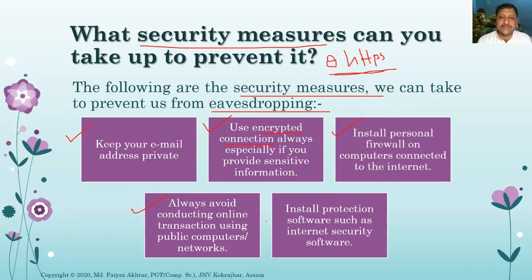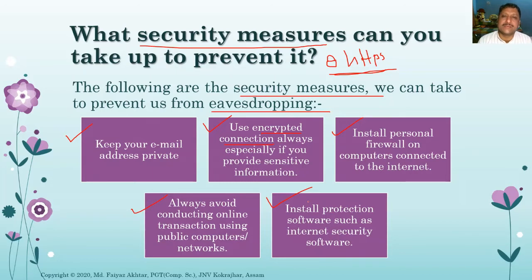And not the least, this is the last one but not the least, install protection software such as internet security software. Internet security software means antivirus software. You must install antivirus software in your computer. These days antivirus software comes with all those features to prevent threats like malware and viruses.